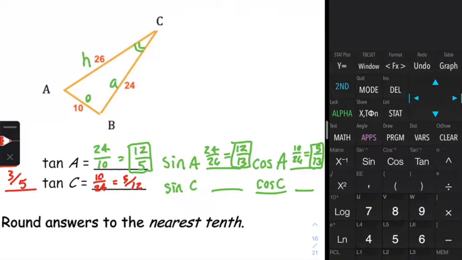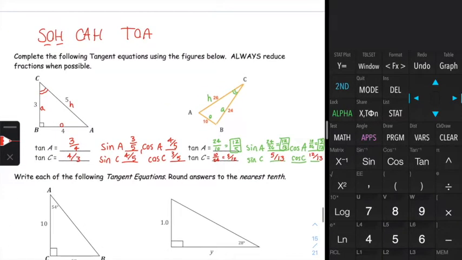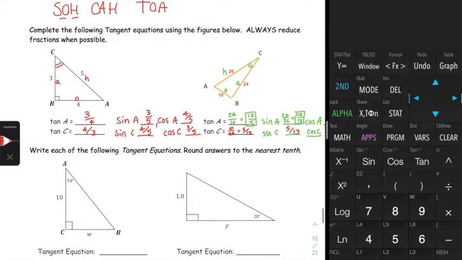So that'll be 10 over 26. That'll be 5 over 13. So I didn't write out the first fraction, but you would write out the first fraction and reduce. Cosine would be the adjacent over hypotenuse. That's going to be 12 over 13 after you reduce. So that's how you set up a ratio, and we can use these ratios to go and solve for missing sides, and that's exactly what we're going to do here on this next one.